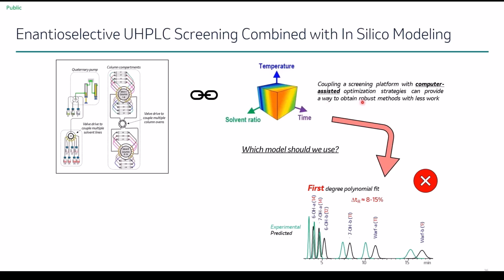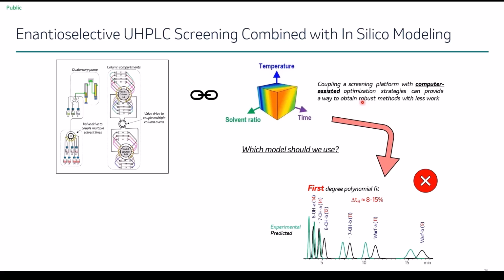However, for chiral separations, we need to consider that the nature of the separation that the stationary phase has to establish with each enantiomer is quite complex, in order to have the necessary enantiomer discrimination between the two chiral species. And this translates into a different choice of the model that we need to use for our modeling experiments.